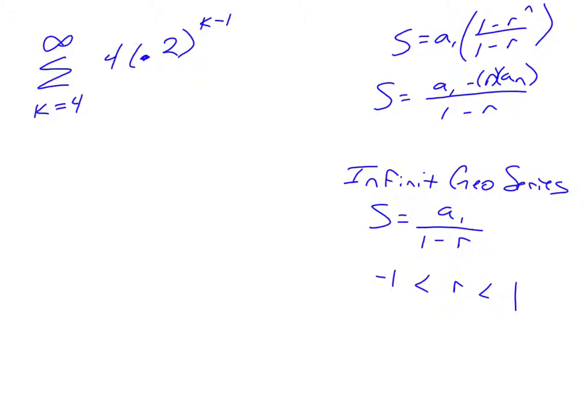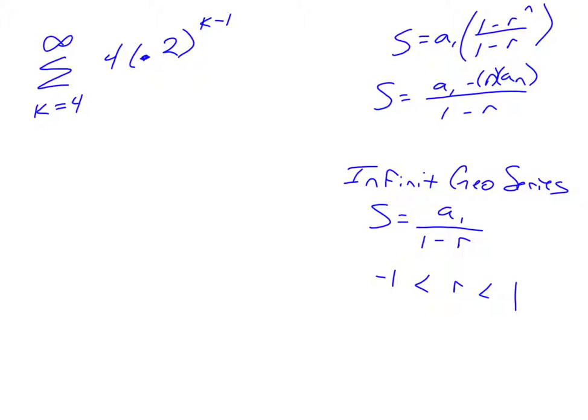Does everybody agree that I can find the sum of this, and why am I allowed to? Because R is 0.2. Remember, my R has to be between -1 and 1. My R in this case is 0.2, which fits that bill.